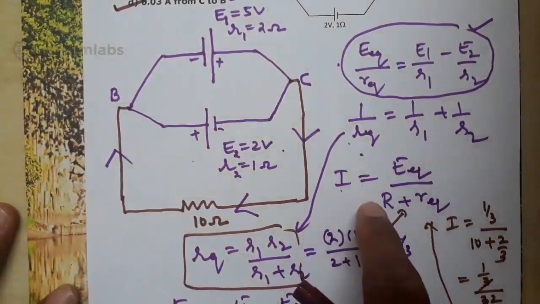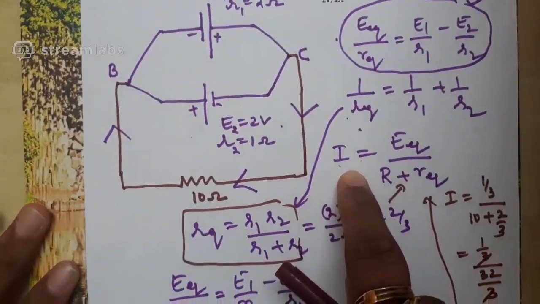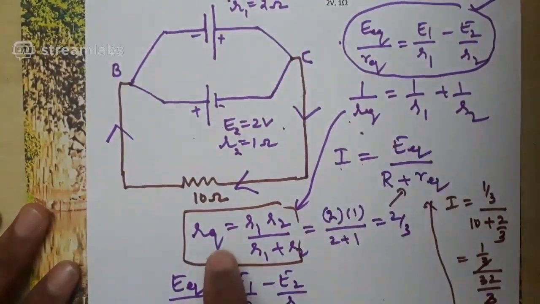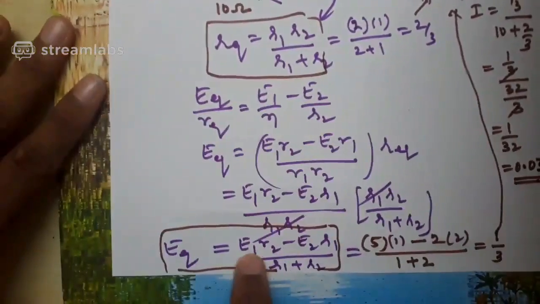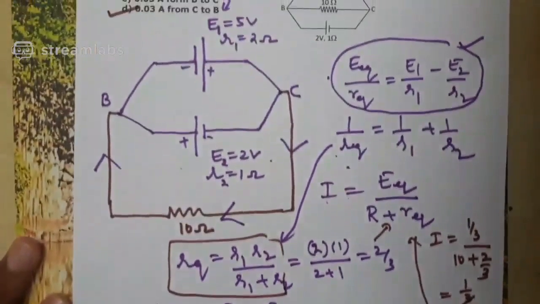So this is the actual formula to start the problem. Then R equivalent and E equivalent I want. R equivalent is this formula and E equivalent is this formula. Please copy it.